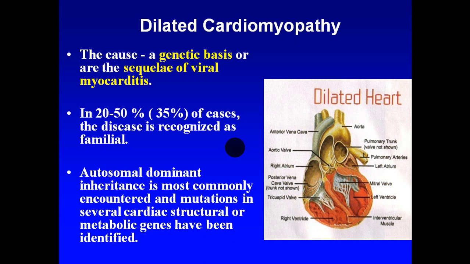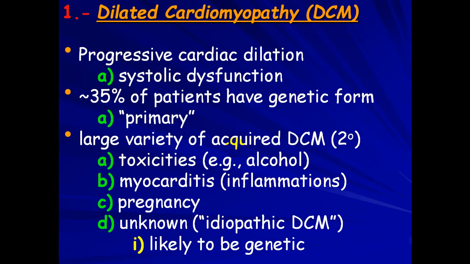In 20 to 50%, in general about 35% of cases, the disease is recognized as familial, with autosomal inheritance most often encountered, and mutations in several cardiac structural or metabolic genes have been identified. So it is progressive cardiac dilatation with systolic dysfunction, and about 35% of patients have a primarily genetic form.